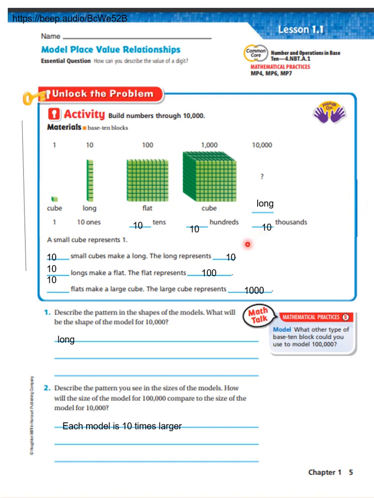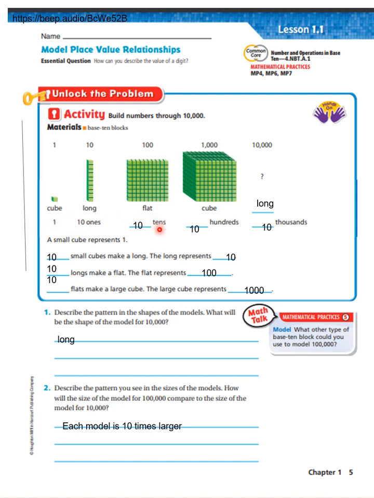All right. Describe the pattern you see in the sizes of the models. How will the size of the model for 100,000 compare to the size of the model for 10,000? Well, each model is 10 times larger. Look at this. Let's start with our ones. Our long is 10 times larger than our cubes.